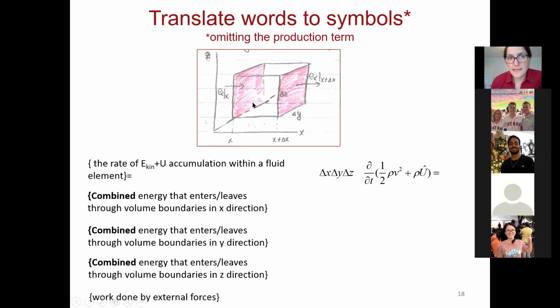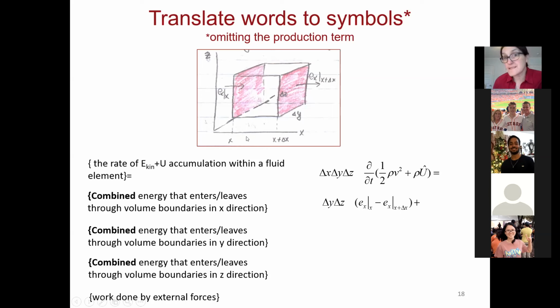I have to multiply it by the area of the shaded plane, and you need to write down what that area is. Minus Ex at x plus delta x, again times area. Can you write that down? Did you get something like this? So again, this is the area times Ex at x minus Ex at x plus delta x.